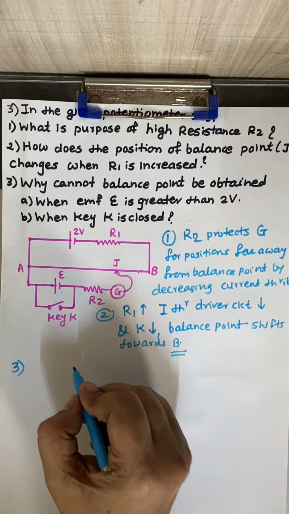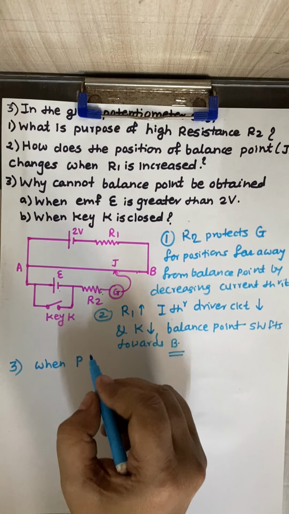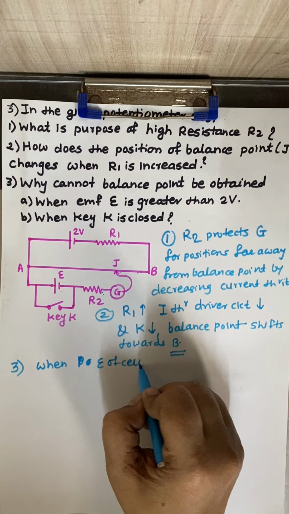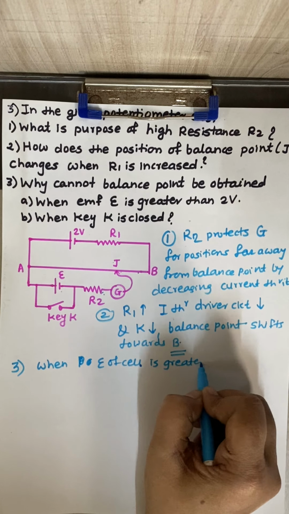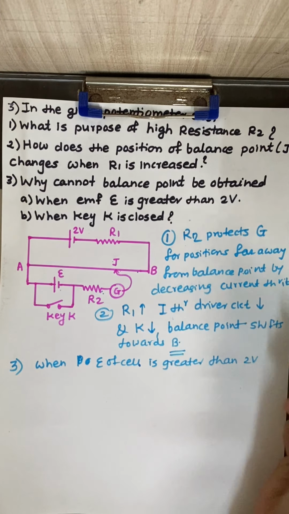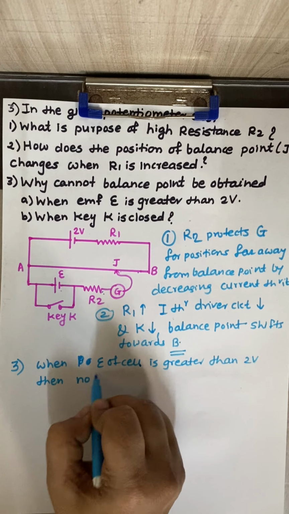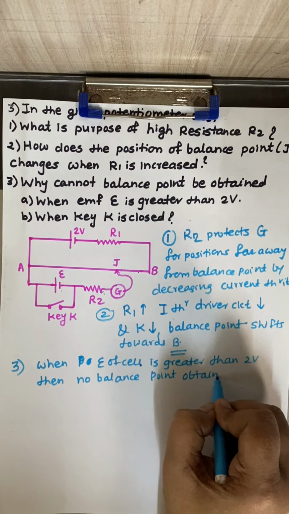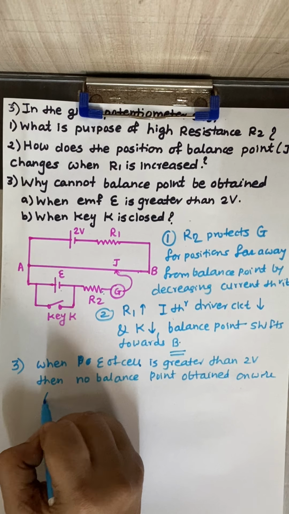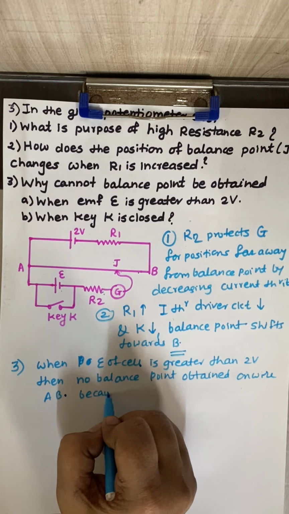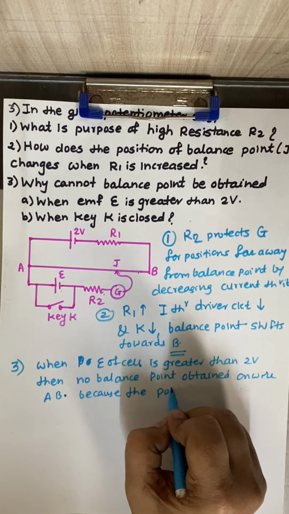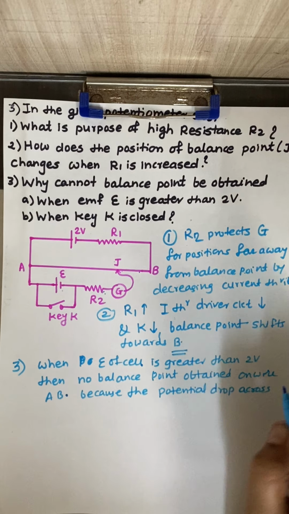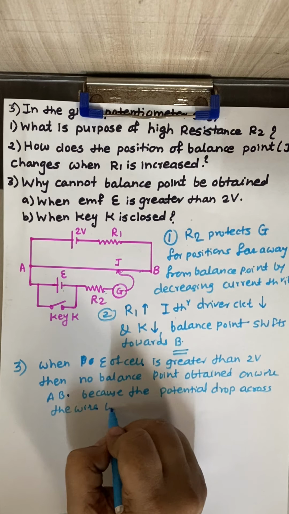So I will write down here: when the EMF of the cell is greater than 2 volt, then no balance point is obtained on the wire AB, because the potential drop across the wire will be less than 2 volt.